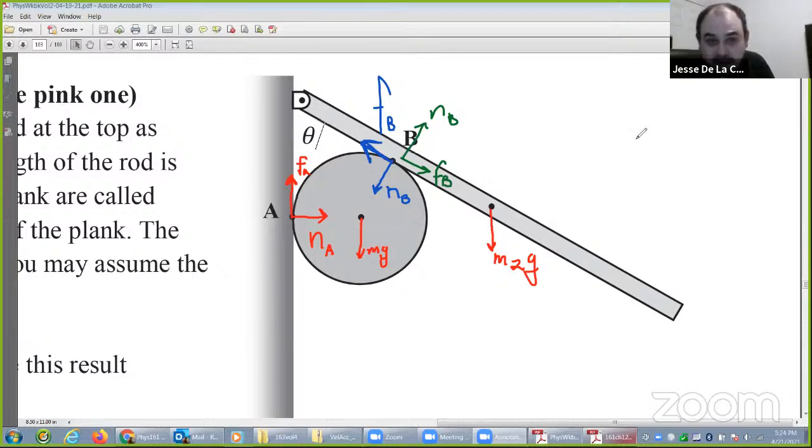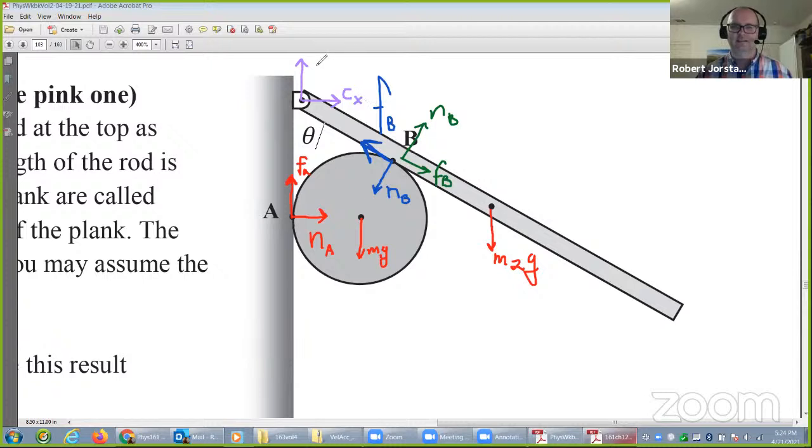Oh wait, is there a reaction force at the pivot? Ah, good. I tried to get you. And I think in the solutions, instead of calling this Rx, I called it Cx and Cy, just because I was calling the points A, B, C. So this is a trick you can do: you can label the different points and refer to forces by the name of the point.